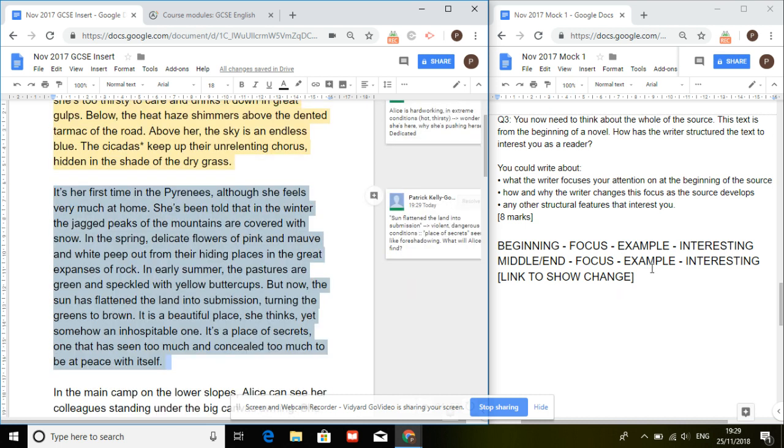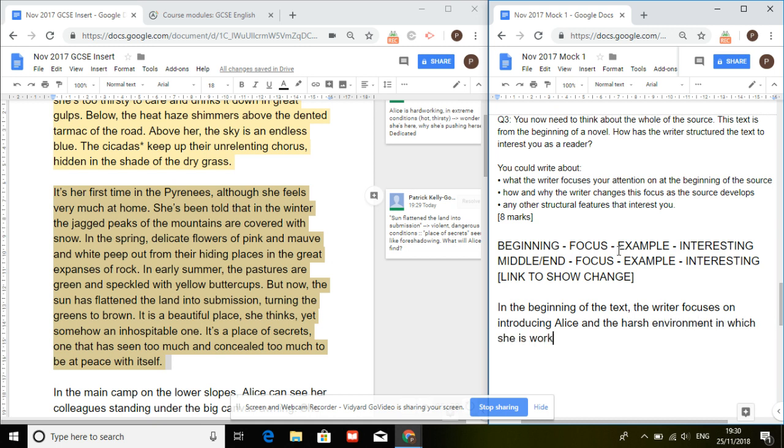Before I go on to carry on writing, I think I'm just going to write up here what I found so far. So I'm going to say what the writer focuses my attention on at the beginning of the source. In the beginning of the text, the writer focuses on introducing Alice and the harsh environment in which she is working.